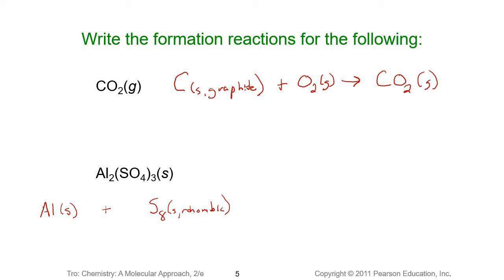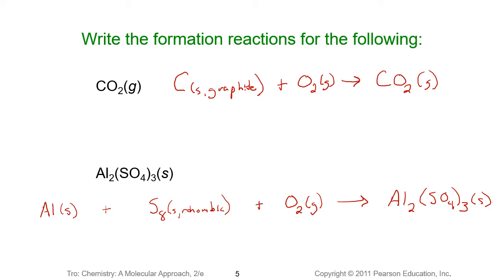And again, that is just how the atoms are attached to each other. We also have to include oxygen, which is O2 gas, to form 1 mole of our aluminum sulfate.